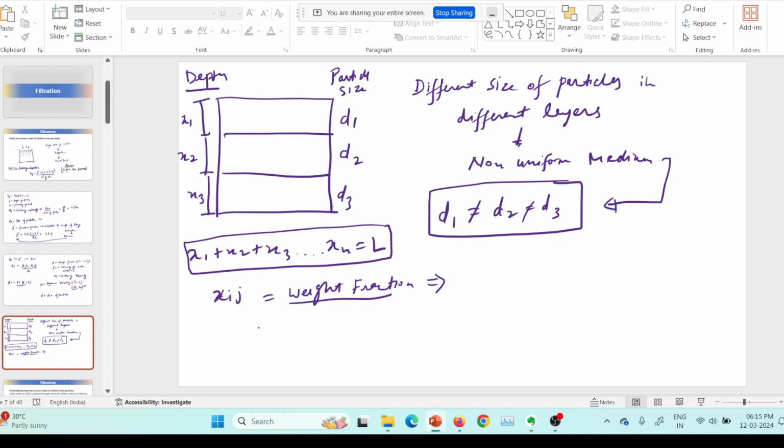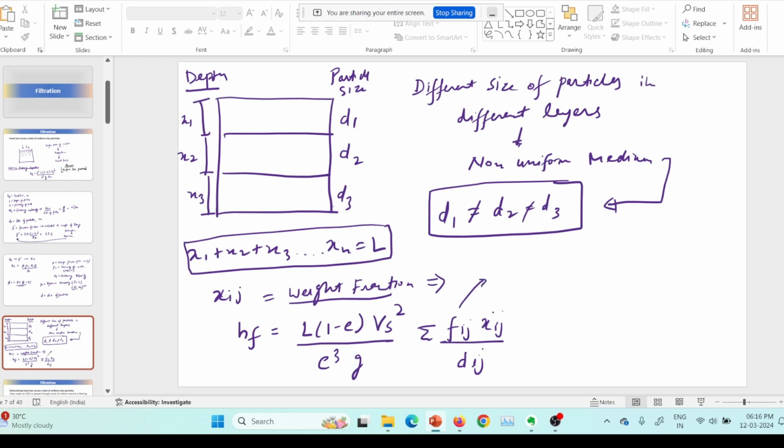The formula is HF = L (1 - E) Vs² divided by E³ G, times the summation of Fij times Xij divided by Dij. Fij is the friction factor, and X is the fraction of that part.